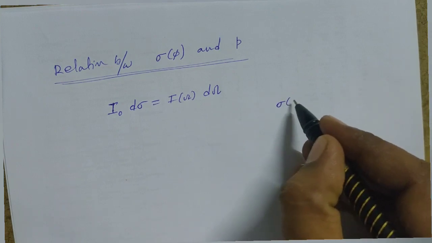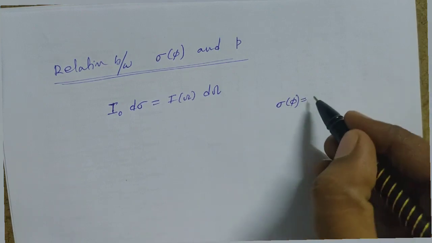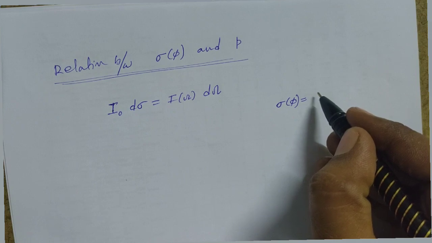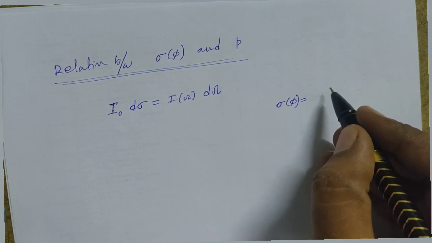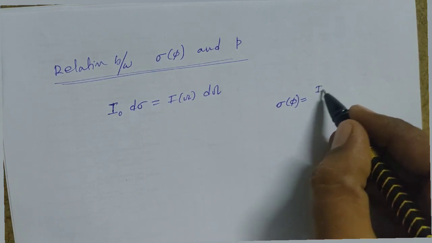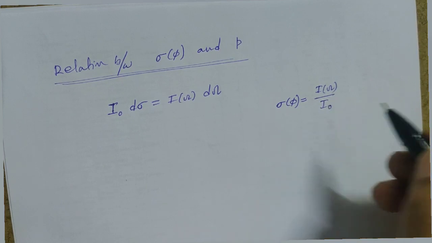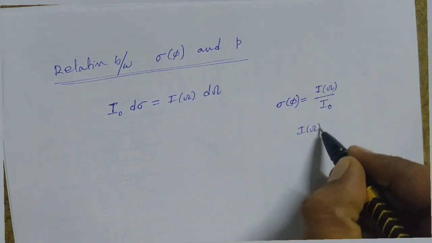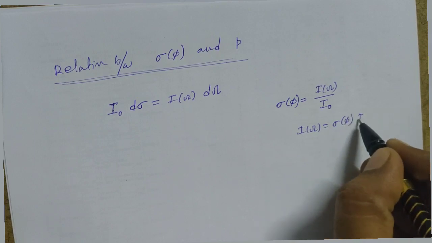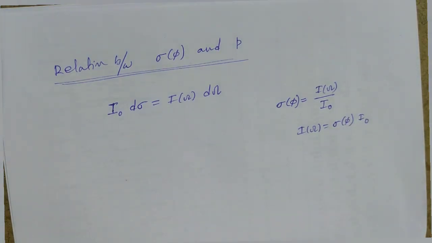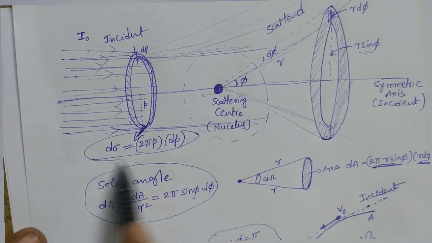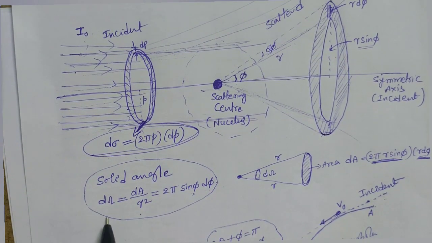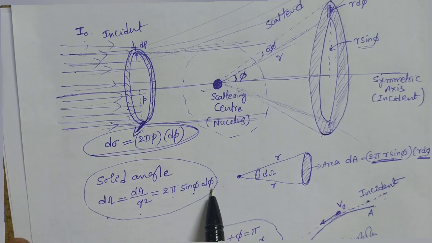We know this σ, the differential scattering cross section, is I divided by I naught. That means I(Ω) is equal to σ as a function of φ into I naught. So what is dσ here? Just now I told you what this area will be: the area of incident alpha particles will be 2π p dp. And the solid angle will be 2π sin φ dφ.